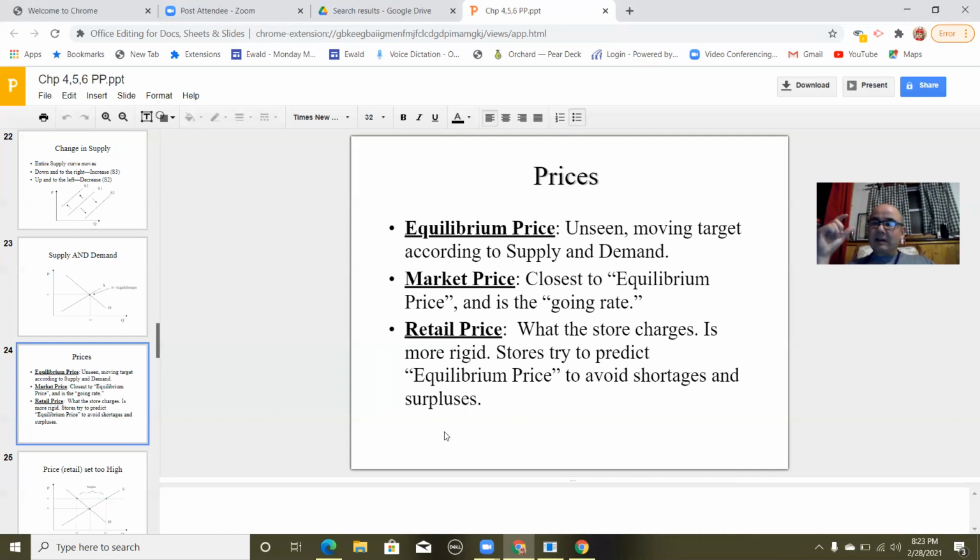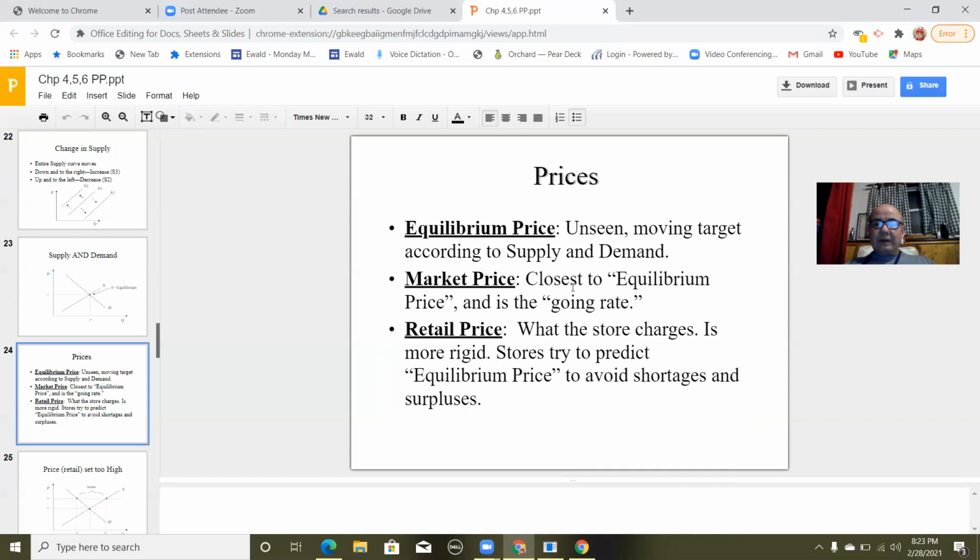It'll be an educated guess, but they're going to run some models and statistics and try to figure out the best price to clear all those brooms. The market price is really close to what we call equilibrium price.